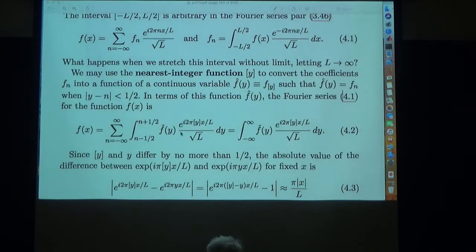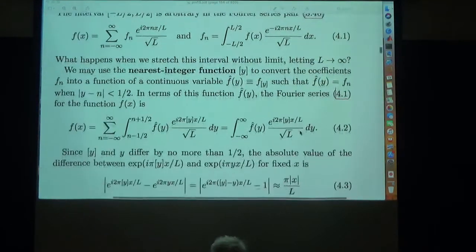We can write it as an integral of this Fourier transform function in which the phase is exactly i 2 pi n x, because n is the variable that's closest to y. Anyway, the integer closest to y.